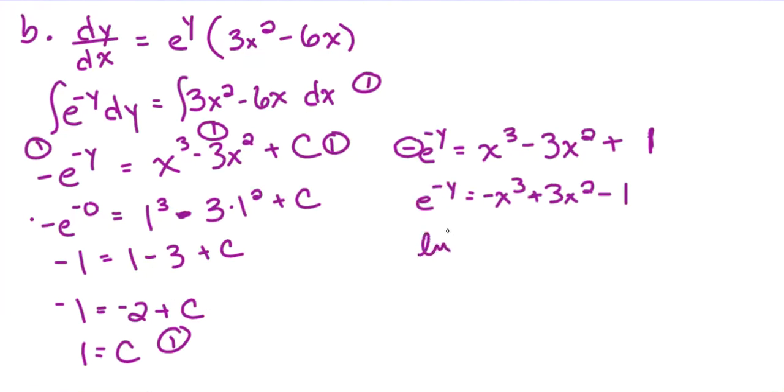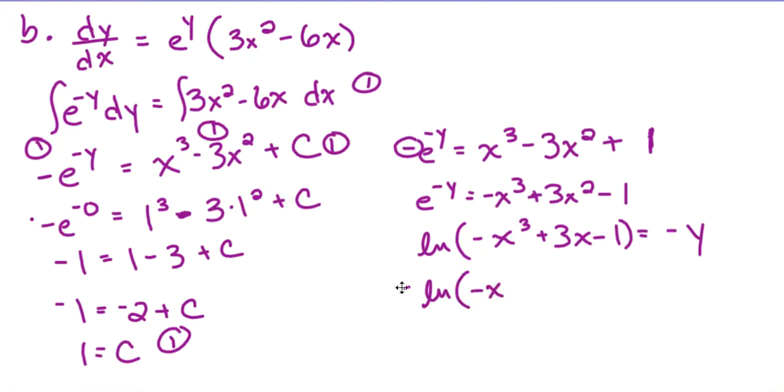Since it was e, we use the natural log. Okay, and then we got to get rid of the negative, so we move it in front. So negative natural log of negative x cubed plus 3x, whoops, drop my squared. Always need to look out for that. That is equal to y. So that is our particular solution.